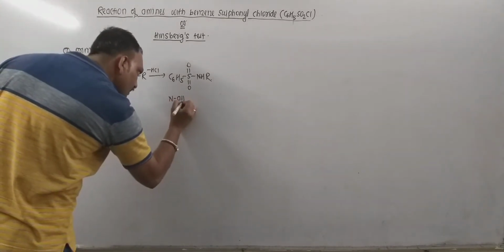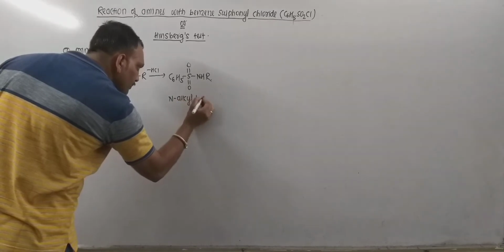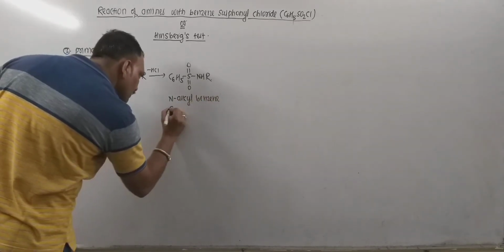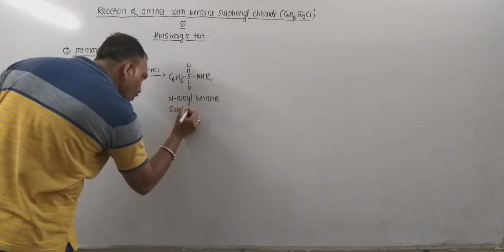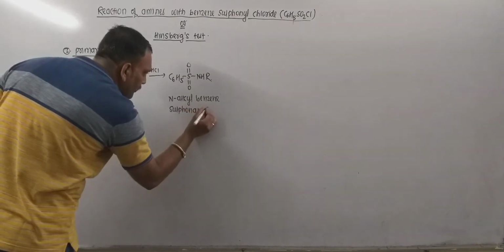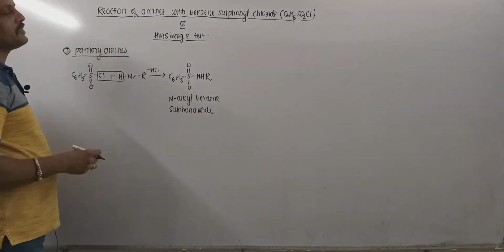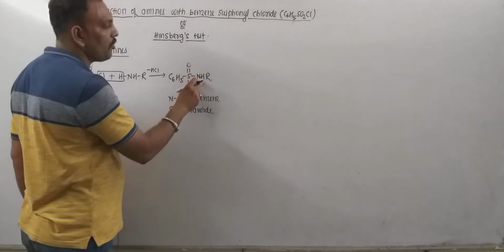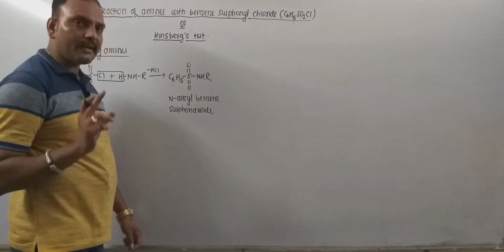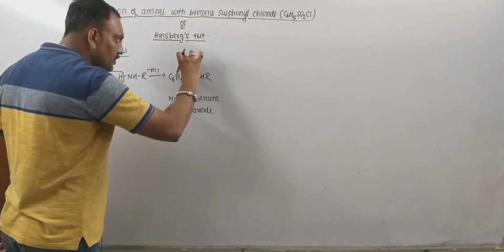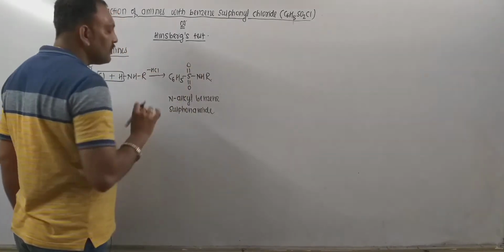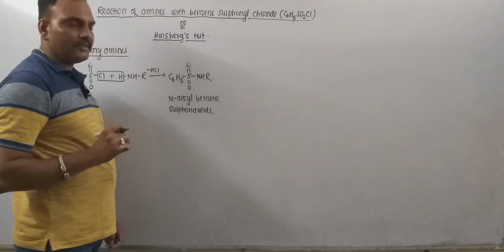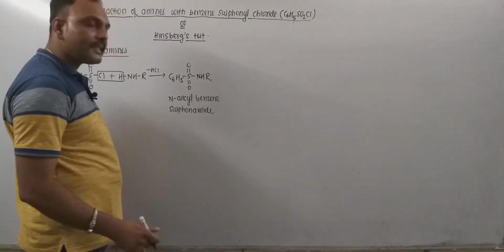This is N-alkyl benzene sulfonamide. This N-alkyl benzene sulfonamide contains a hydrogen atom attached to the nitrogen, and remember these groups are strongly electron withdrawing, thus this hydrogen is strongly acidic.